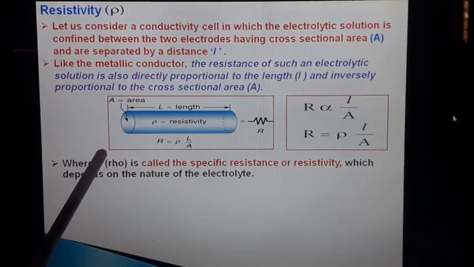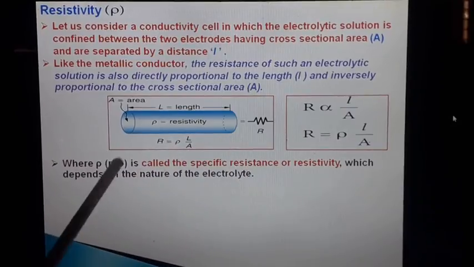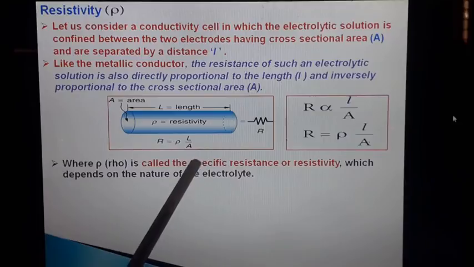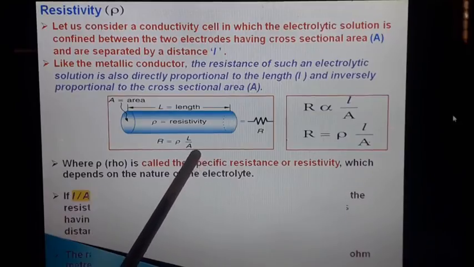Electrolyte means sodium chloride, potassium chloride, or any salt dissociated in water. This is called an electrolyte.